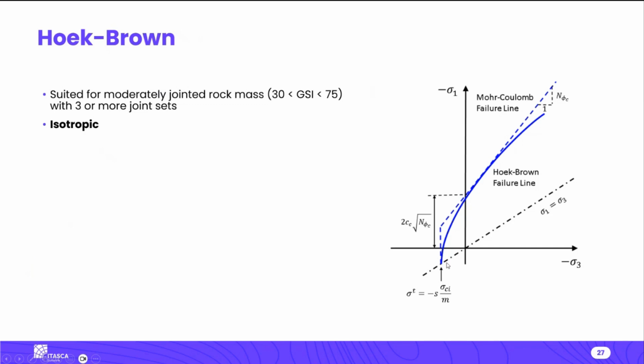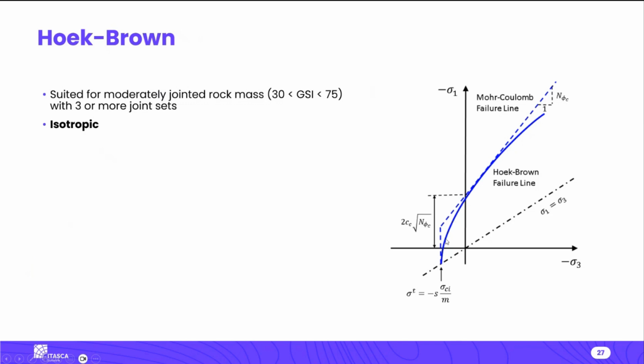Probably you have seen this before. This is again the failure criterion plotted in sigma 1 versus sigma 3 space. Mohr-Coulomb might look like this with a dotted line, right? It's a straight line. Hoek-Brown is a curved line. It's basically a parabola on its side.